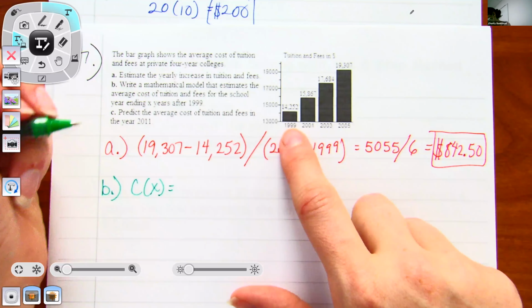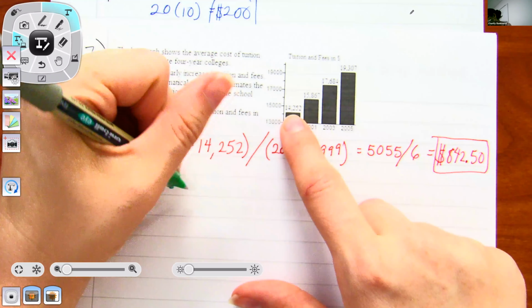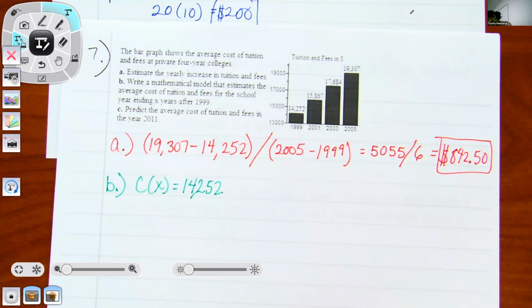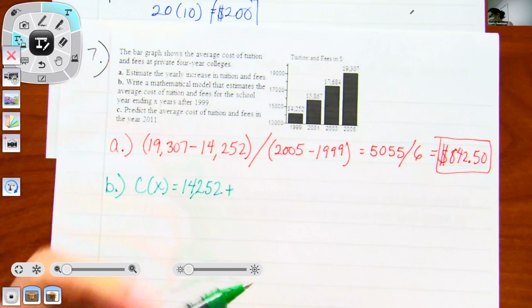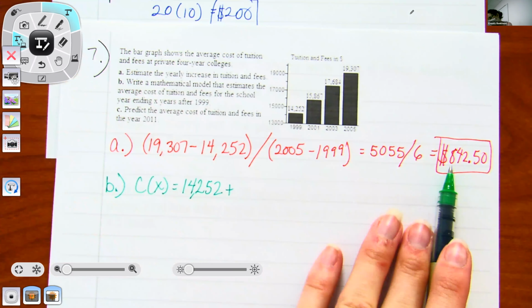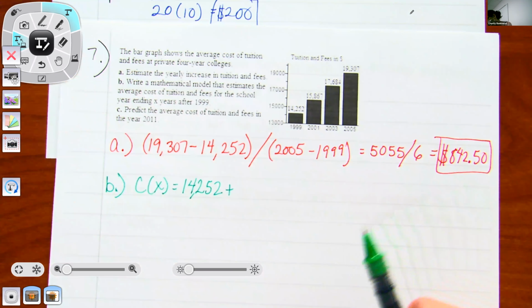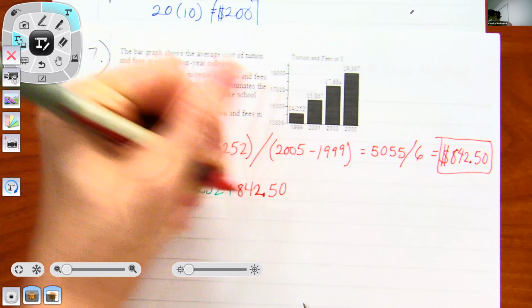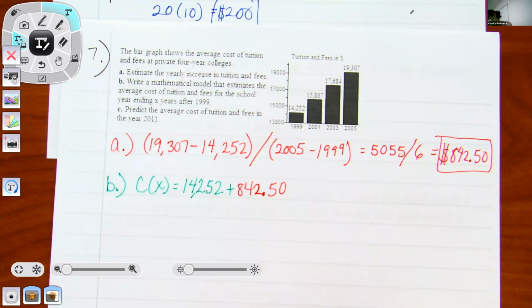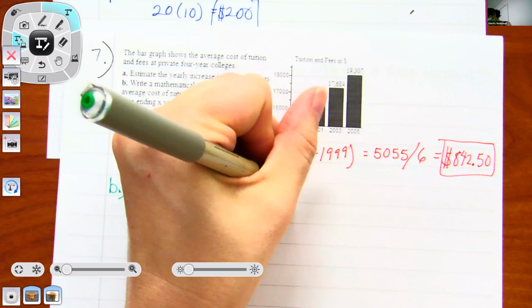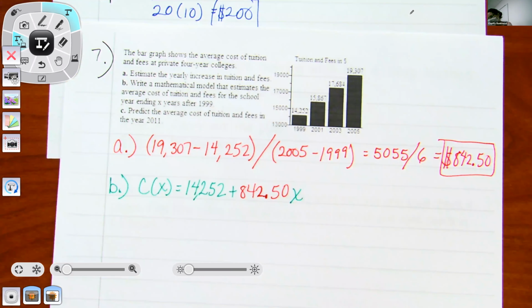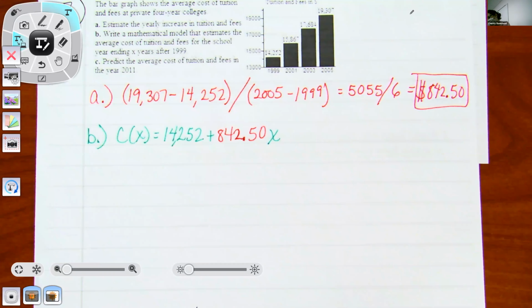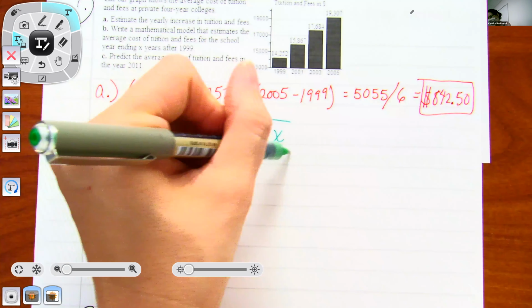Let's start with 14,252 because that was the cost from 1999, plus you're doing an average of this amount per year. So plus 842.50 times X. So that's a mathematical model or a function or equation that you could use.